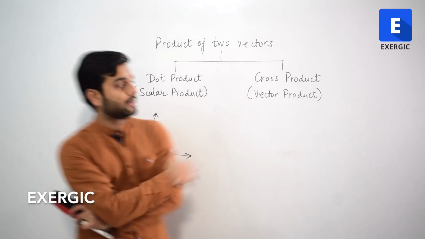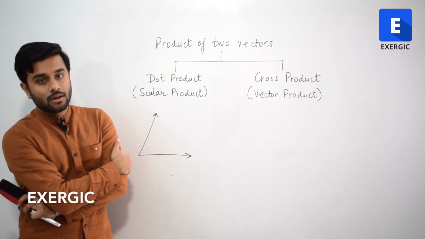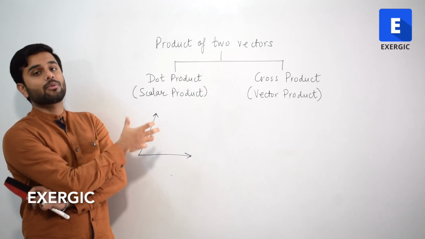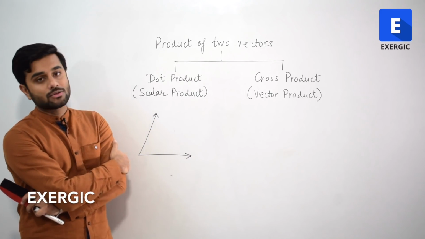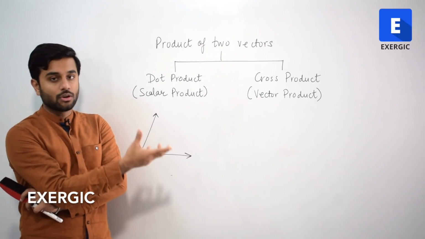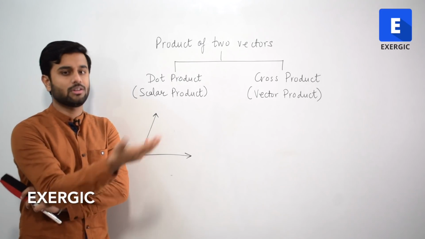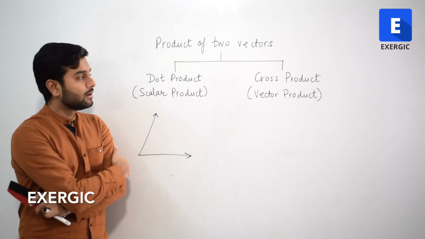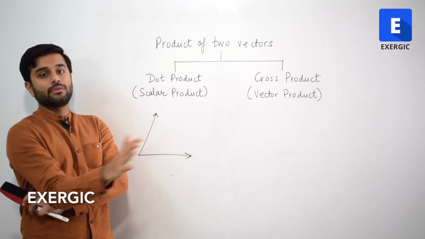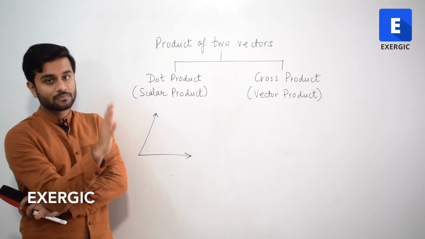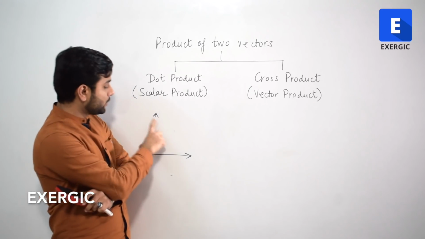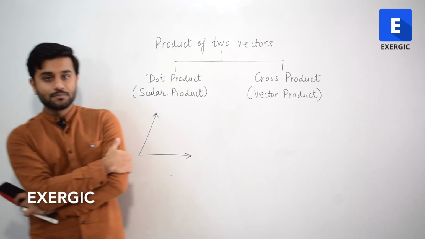Dot product is also called the scalar product and cross product is also called the vector product. Now I'm sure you are seeing so many new terms all of a sudden: dot product, cross product, vector product, scalar product. Don't get overwhelmed, don't get confused. It is very simple, very basic. Suppose you have two vectors as I have shown here.